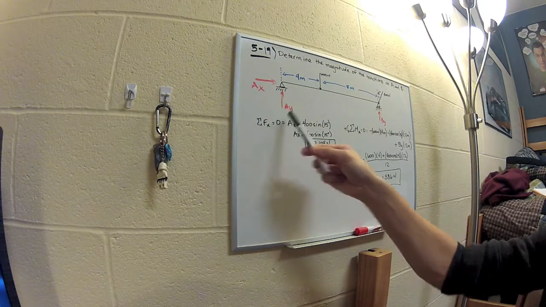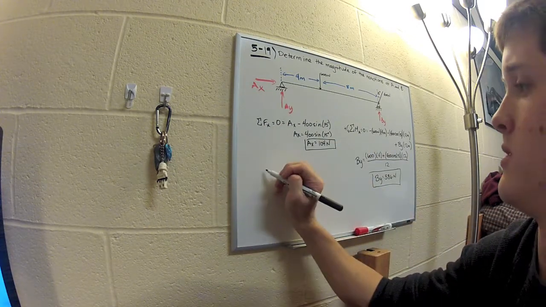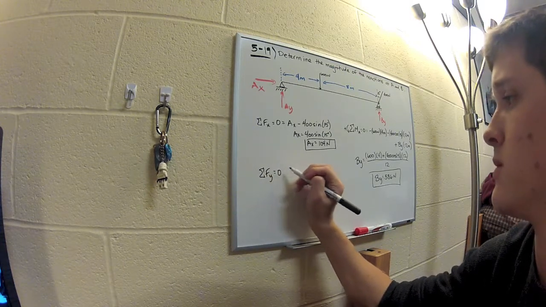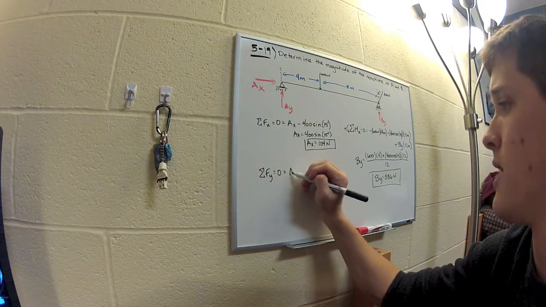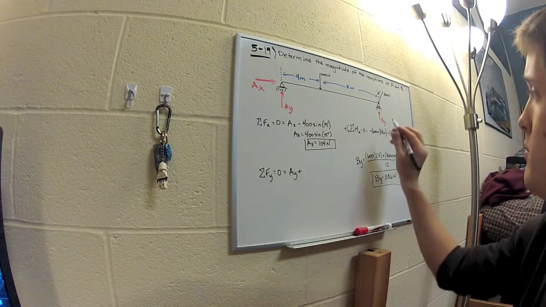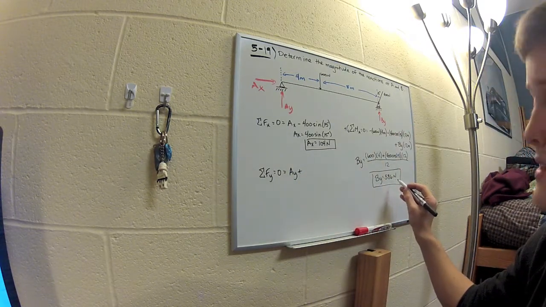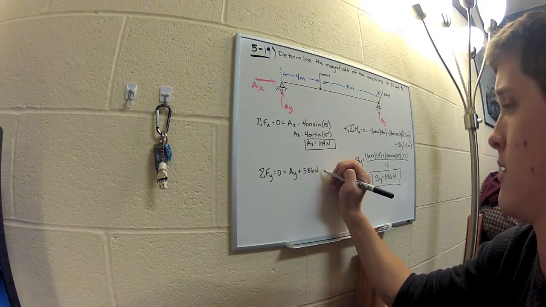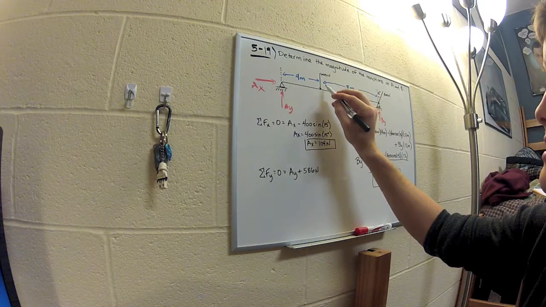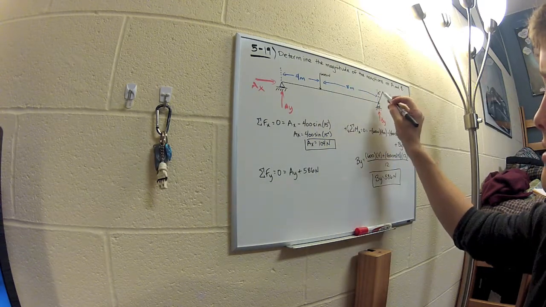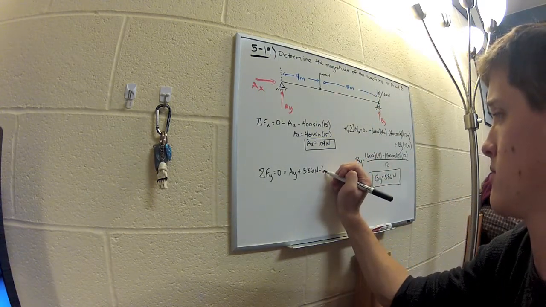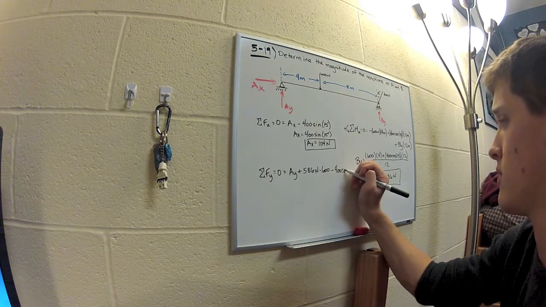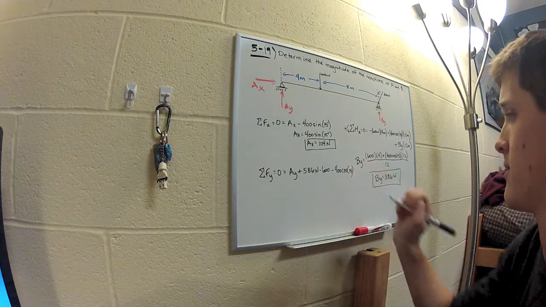So now we only need to get Ay. So why don't we do the sum of the forces in the y direction equals 0. And that's equal to Ay plus By, which we can see is 586 newtons. So why don't we substitute that in? And then we have minus 600 minus 400 cosine of 15.